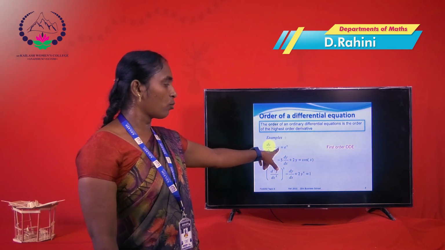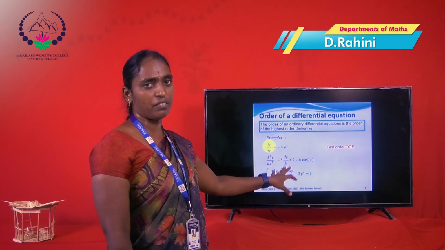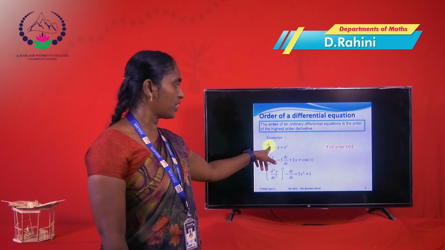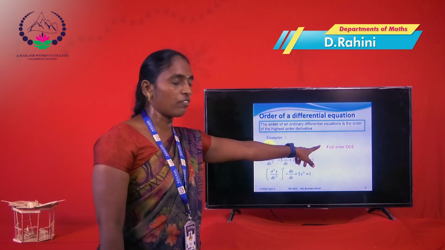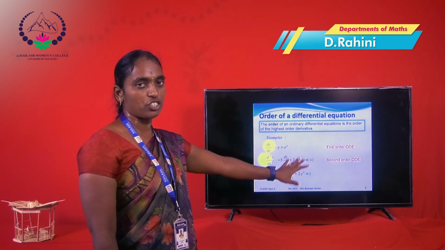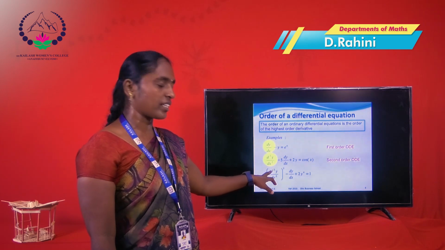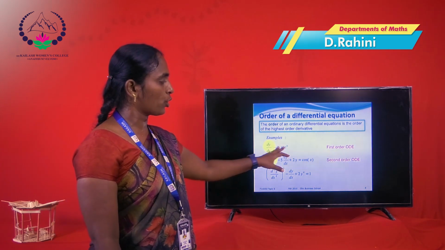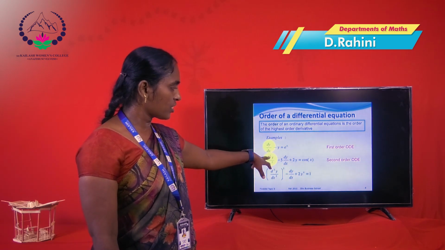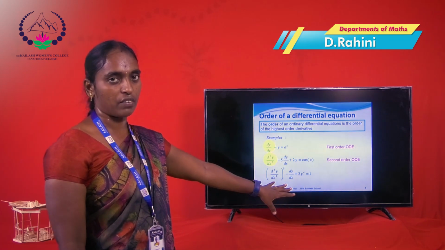Here y is the unknown function and x is the independent variable. The derivative is first order, so the order is 1. This is an example of a first order ordinary differential equation. The next example is d square y by dx square minus 5 into dy by dx plus 2y equal to cos x. Here the order is 2, so this equation is called a second order ordinary differential equation.